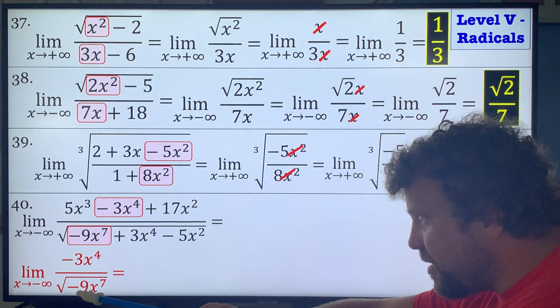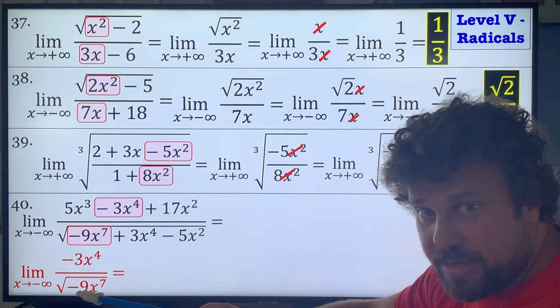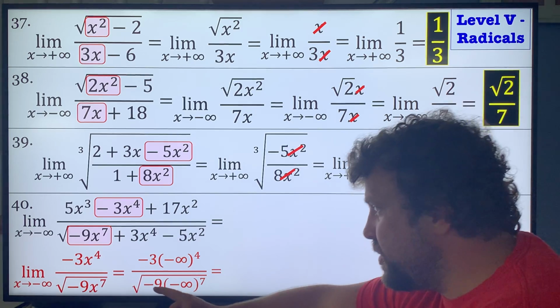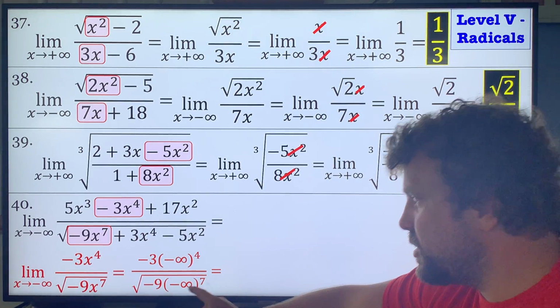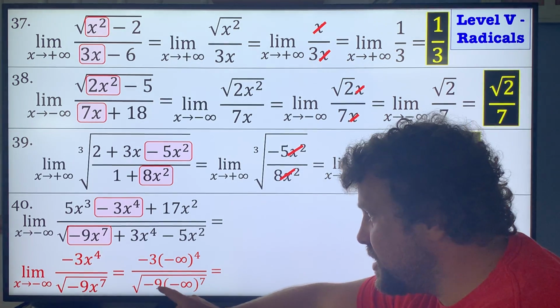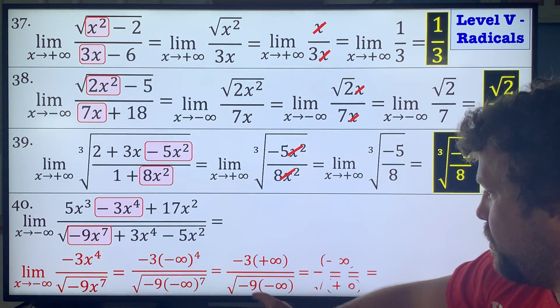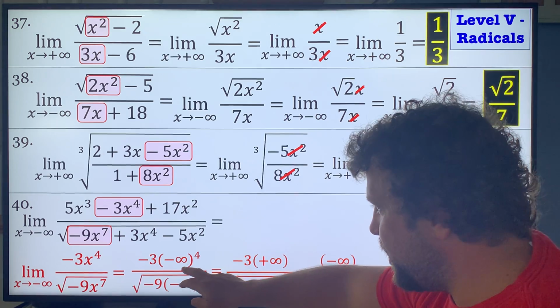When I take the radical here, you would say the radical of negative 9 has to be undefined. But technically, you're doing negative 9 times negative infinity to the 7th power. How many negatives is that? 1 plus 7 is 8 negatives, which will make the bottom positive.